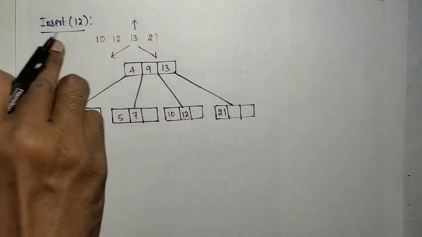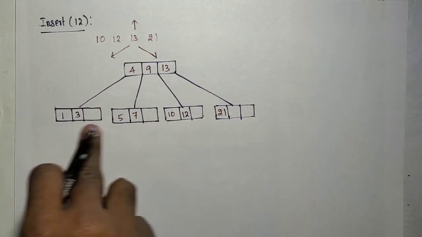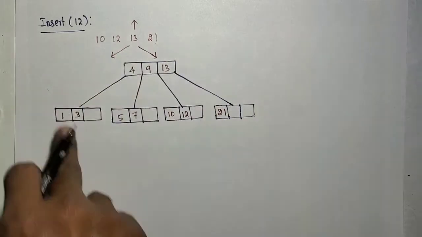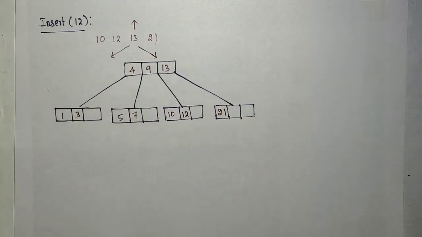So after inserting the 12, we are increasing the level, so all the leaf nodes are at the same level, and it is satisfying the property.